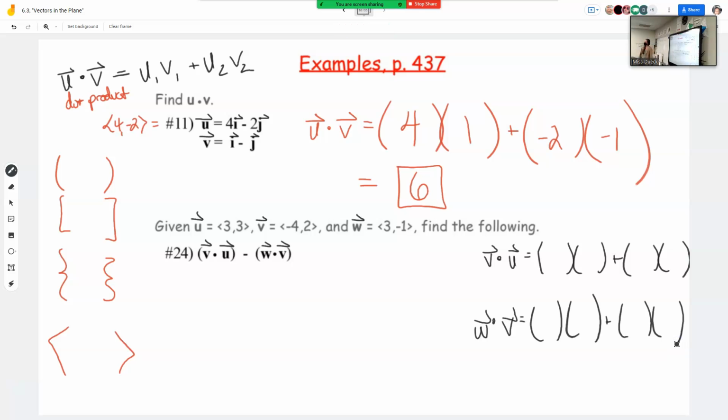What numbers would you fill in where? Take each of the pieces. PEMDAS says start with grouping symbol. Do the first dot product. Do the second dot product. Do you see it? Fill in the pieces. You've got numbers. It can be in i's and j's. It can be in components.